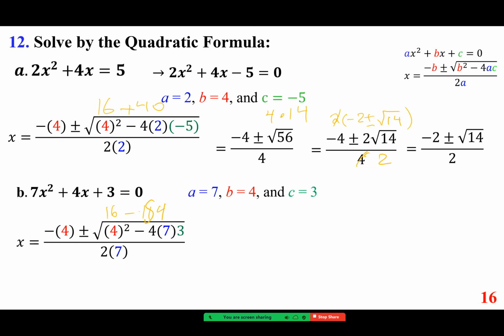Negative 84. And so we have negative 68. And we can take the 4 out again, negative 68.